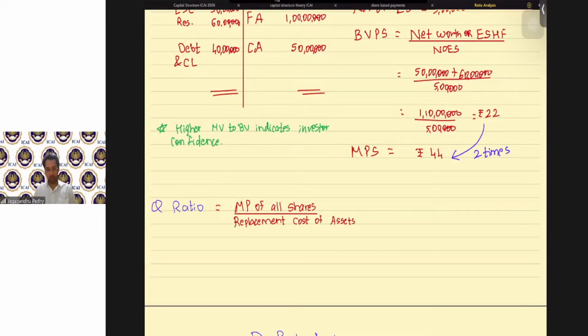So the Q ratio is the market price of all shares upon the replacement cost of assets. Okay, so that's your Q ratio.